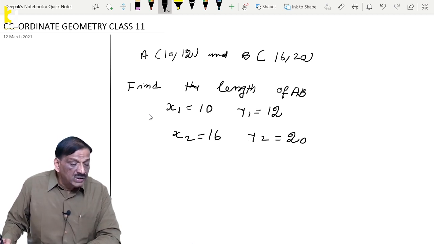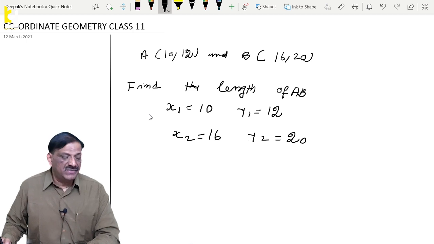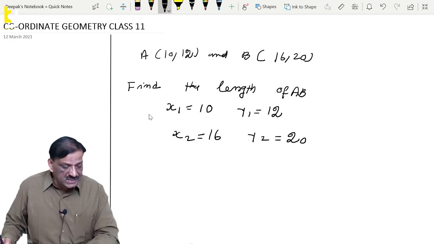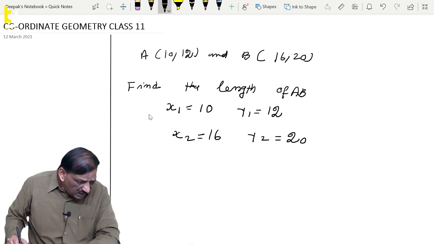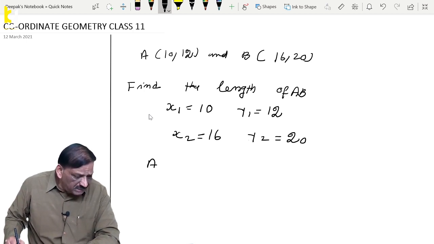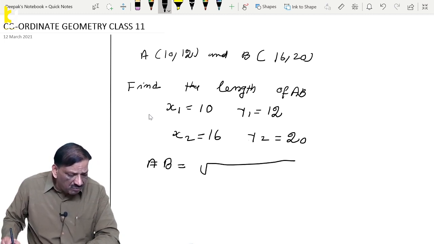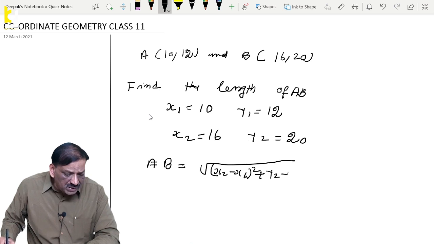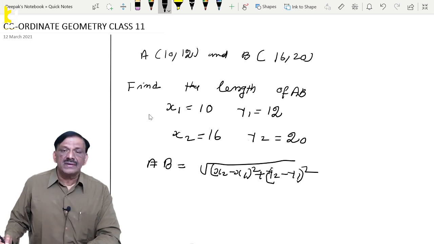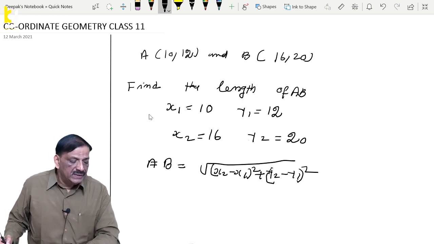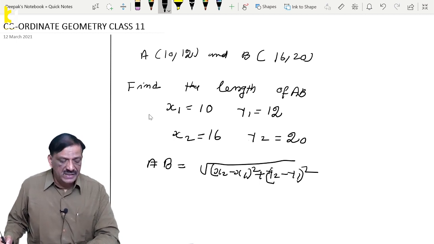We must find the length of AB, that is the distance between A and B. There is a formula, the distance formula: AB is equal to root of (x2 minus x1) whole square plus (y2 minus y1) whole square.